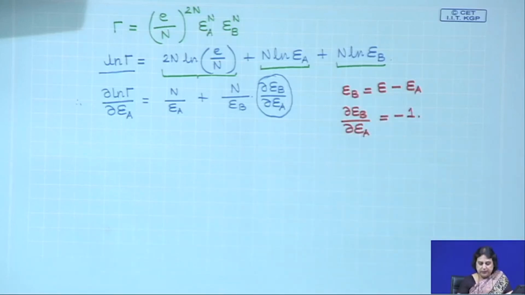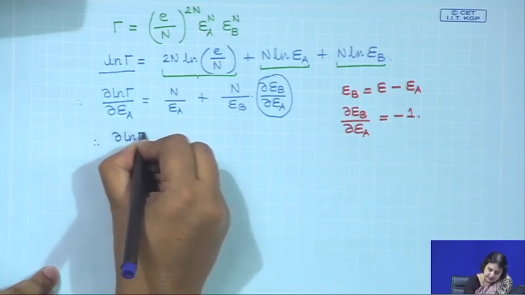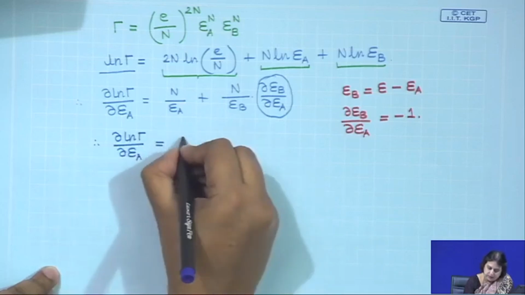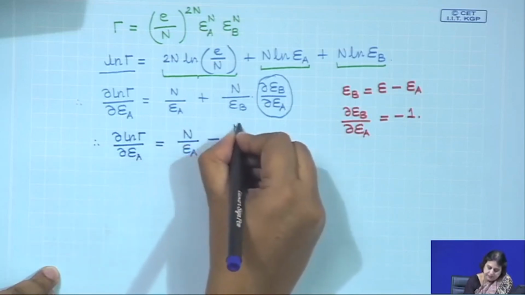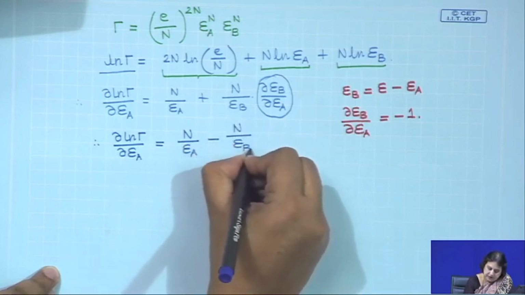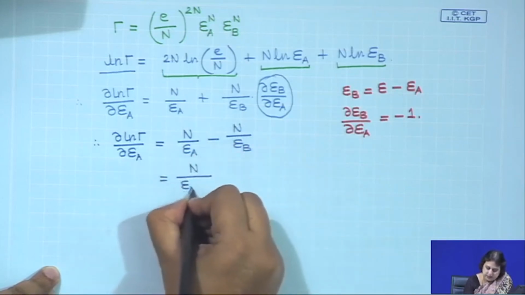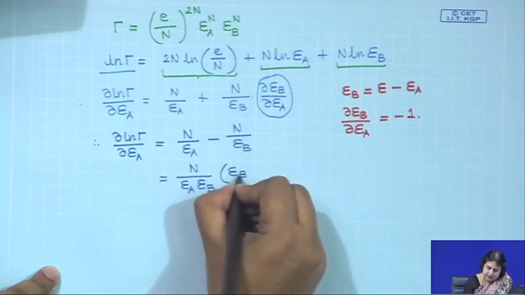If that is so, then I can very easily write that del ln gamma by del epsilon A is equal to this simple expression, which I can further modify and say that this is equal to another simple algebraic expression.